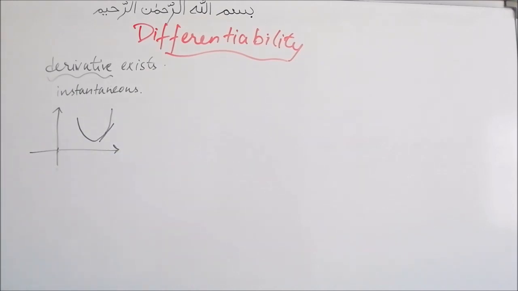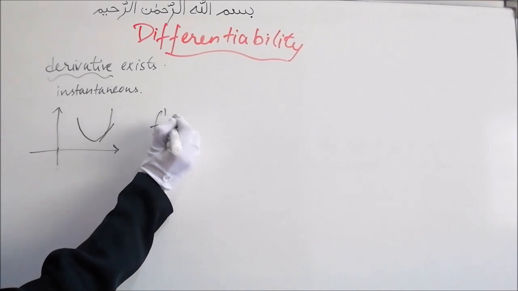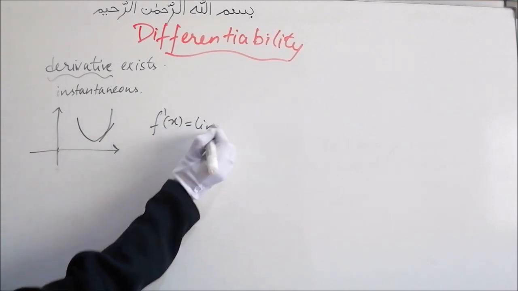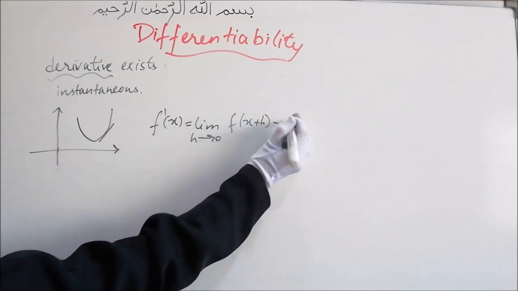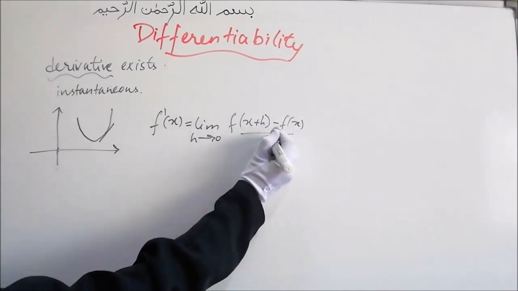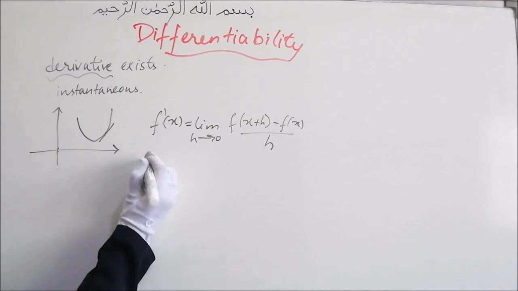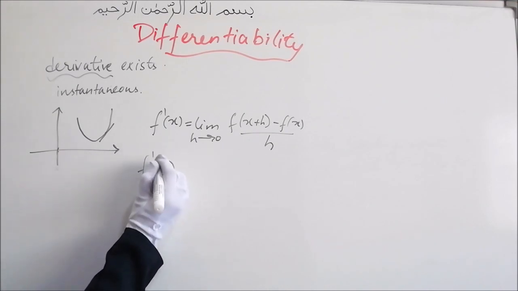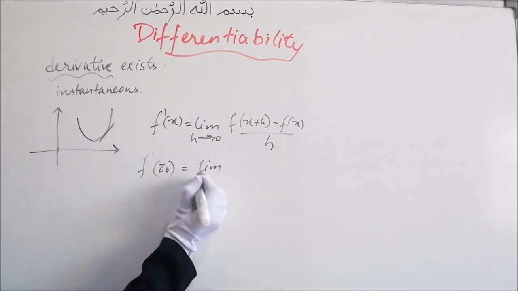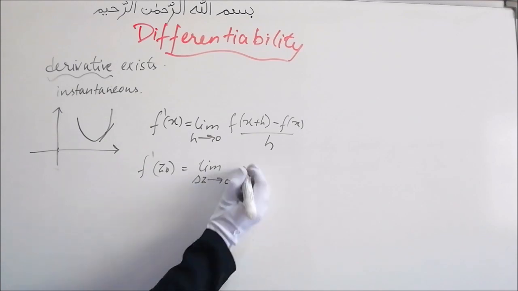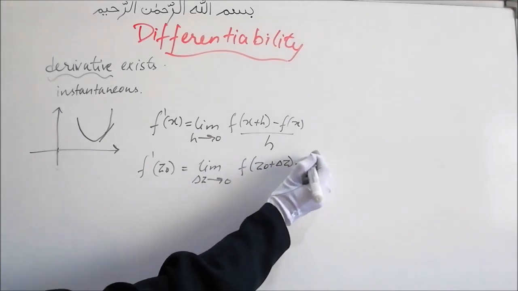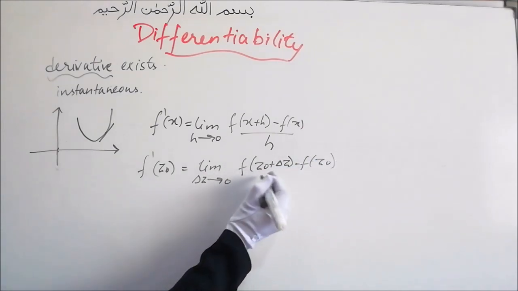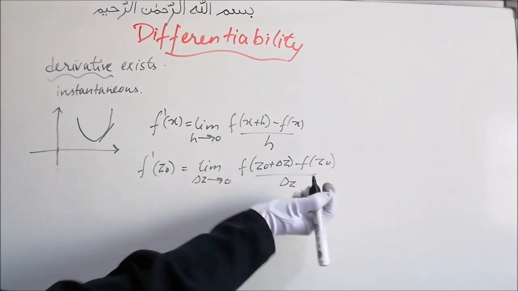For real functions, we know f dash of x is equal to the limit h tends to 0, f of x plus h minus f of x divided by h. For complex functions, f dash at point z naught, we have the limit delta z tends to 0, f of z naught plus delta z minus f of z naught divided by delta z.